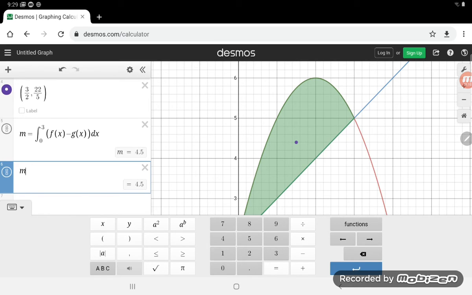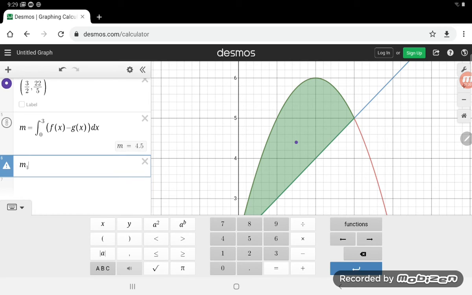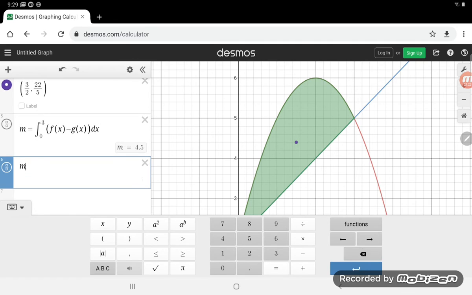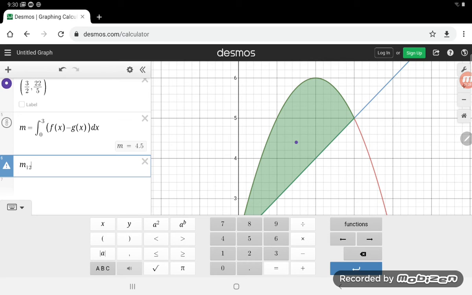No, I don't think so. So let me just try some. I could call it m sub 1, which actually automatically goes into a subscript. Okay. So notice, well, there we go. So now I'm down in the subscript. I'm going to go back. I'm going to call that m sub y. And then I am going to try to delete that. And look at that. Where there's a will, there's a way.